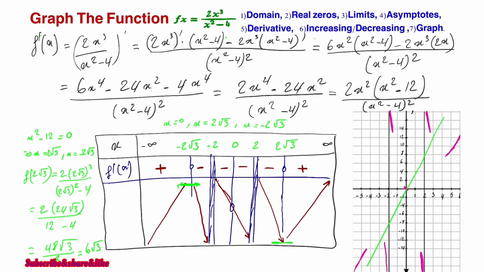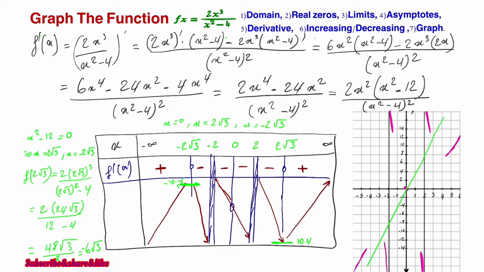And if we see how much 6 square root of 3 is, it is just 10.4. So we know this point here is going to be 10.4, and here same thing, just negative, minus 10.4.